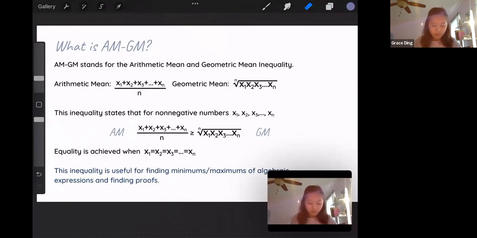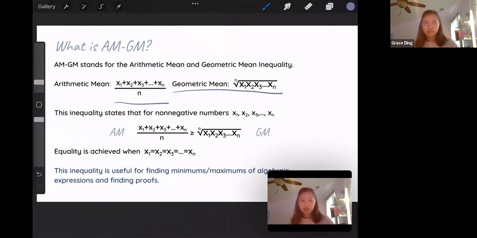I think when everyone thinks about mean or average, they think of the arithmetic mean, which is when we just add all of the numbers and then divide by the number of numbers there are. For the geometric mean, instead of adding everything up and dividing, we multiply all the numbers and then take a root depending on the number of numbers.